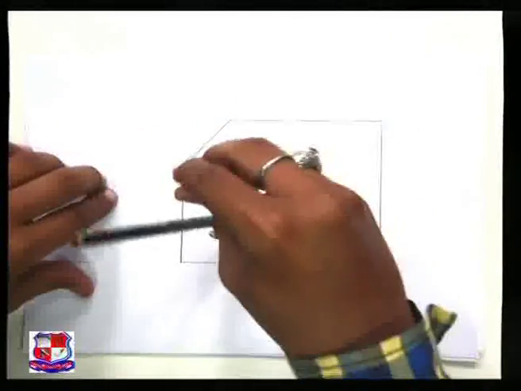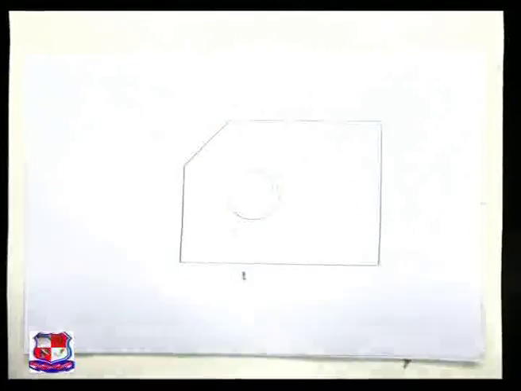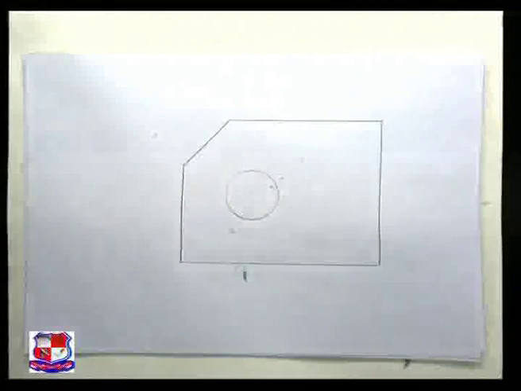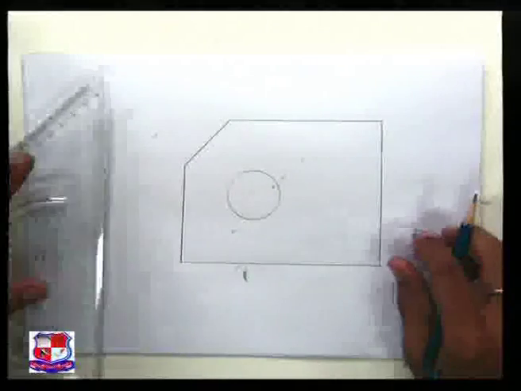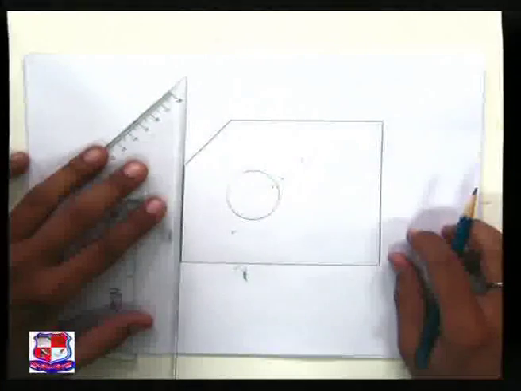So this is one kind of example. Now I need to give the dimension to this using the unidirectional system.